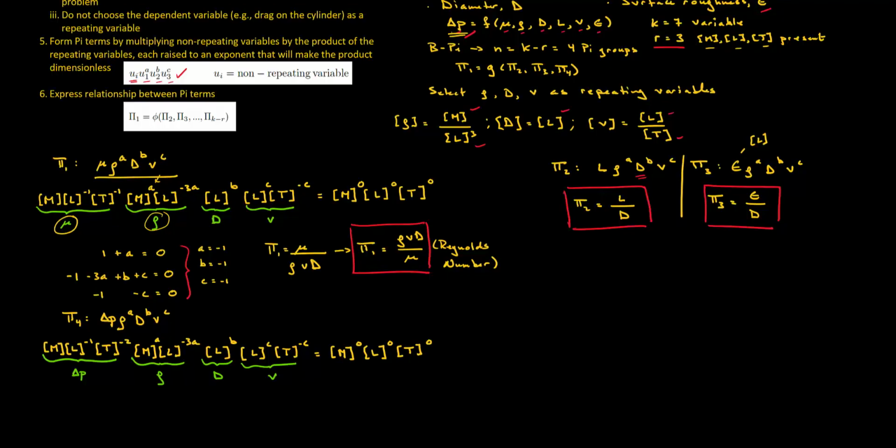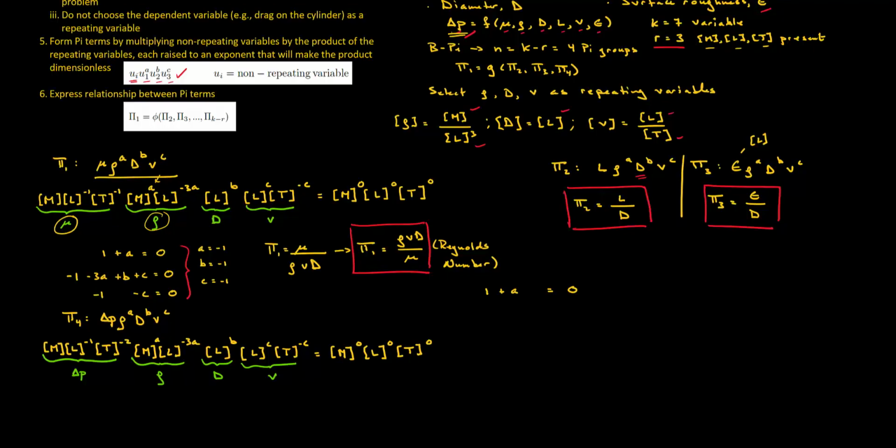So let's equate m, l, and t terms on the left and right hand side. So m appears to the power 1 in the pressure. It appears to the power of a in the density. And that is it. And that is equal to 0 on the right hand side.